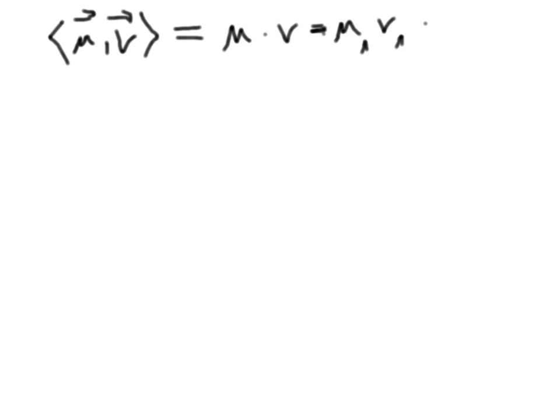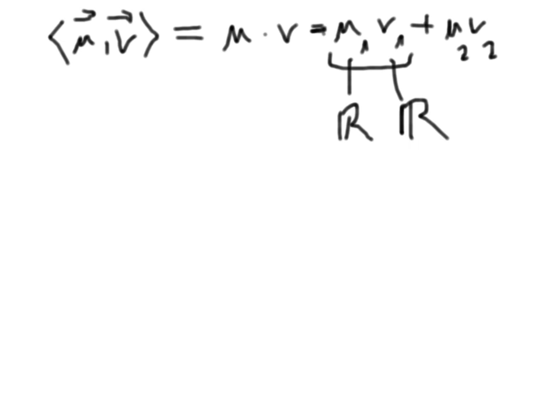So the first one is the common product of two real numbers, so this is a real number and this is a real number, plus u2 v2, etc., for the n components that each one of these two vectors has.